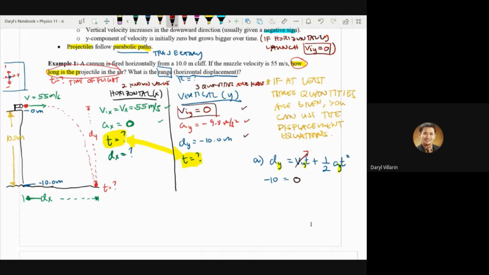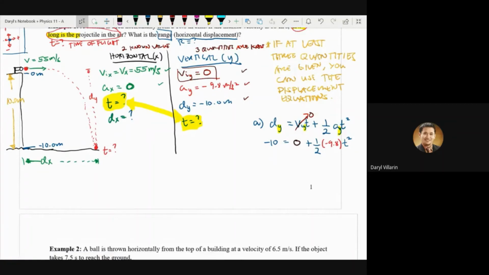So this is just 0 plus 1/2 of ay, which is negative 9.8, and then t squared. I don't know the t squared. But if you're going to solve it this way, the only unknown is the variable t, which I'm happy about because I can solve for that.